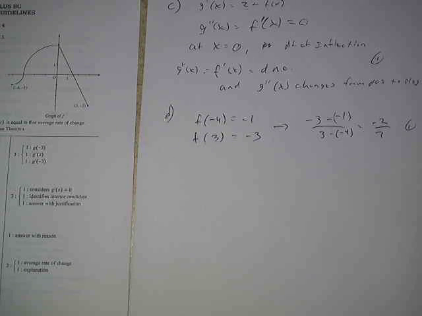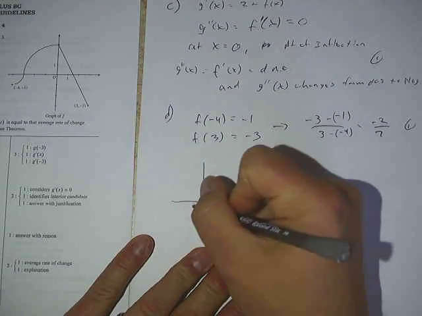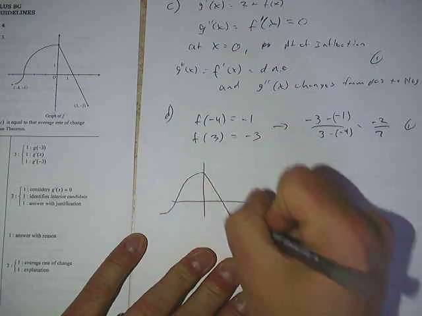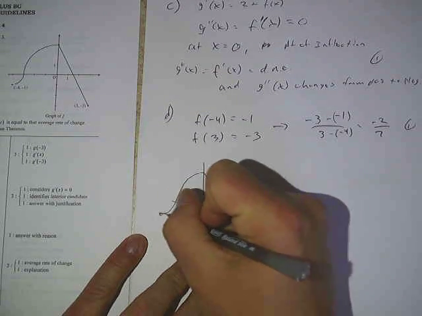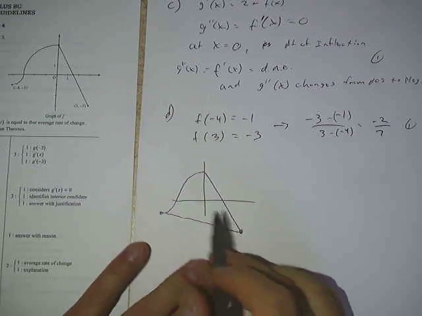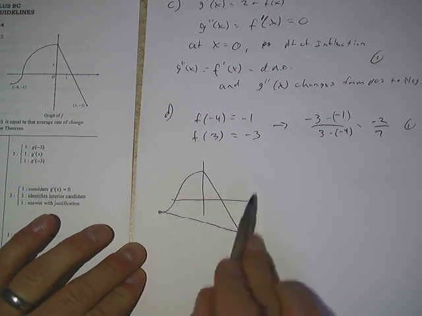True? And we're looking for the average rate of change of f. All that is the slope between the endpoints on this f curve. So if we calculate the slope, -3 minus -1 over 3 minus -4, you get -2 on top and 7 on the bottom. So we get -2/7. That'd be our average rate of change. That's worth 1 point. So if you calculated that slope, you got a point for that part.